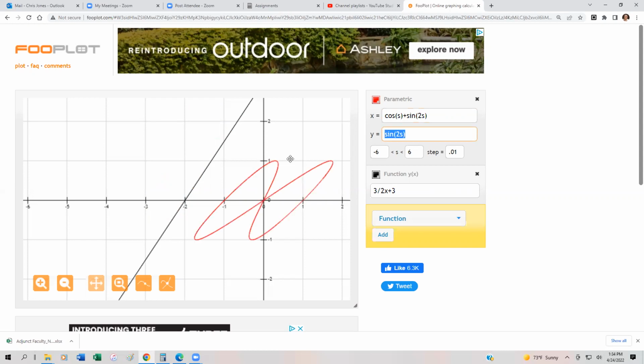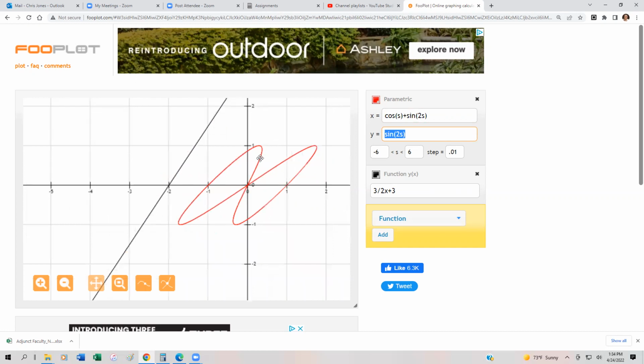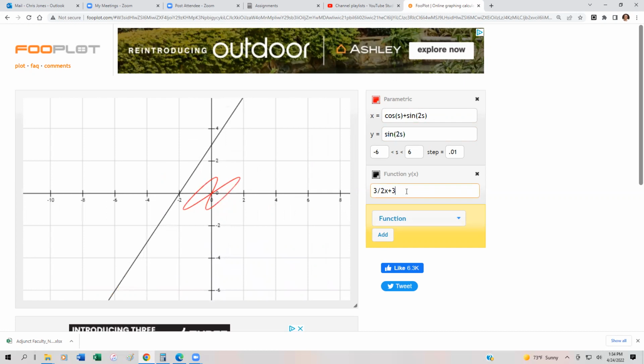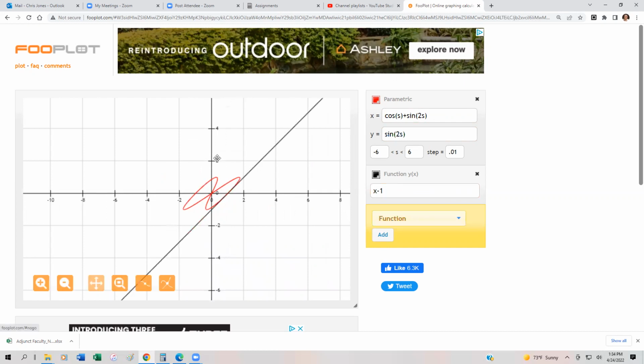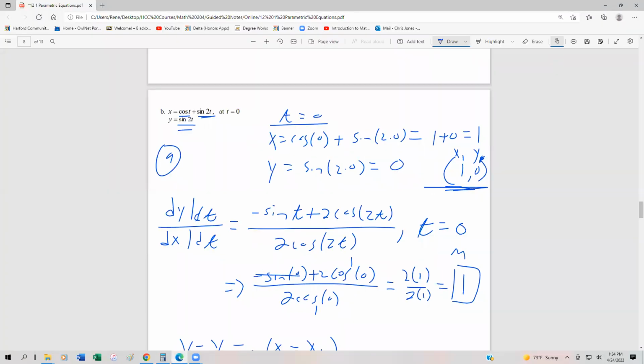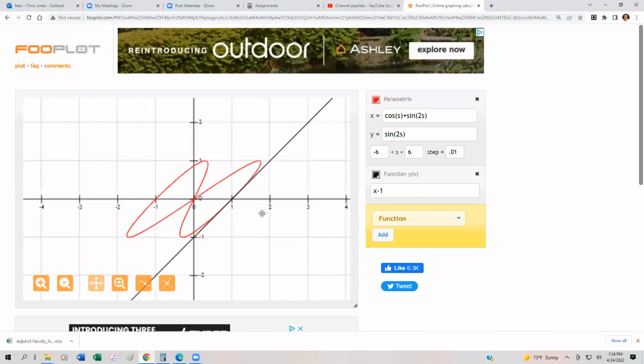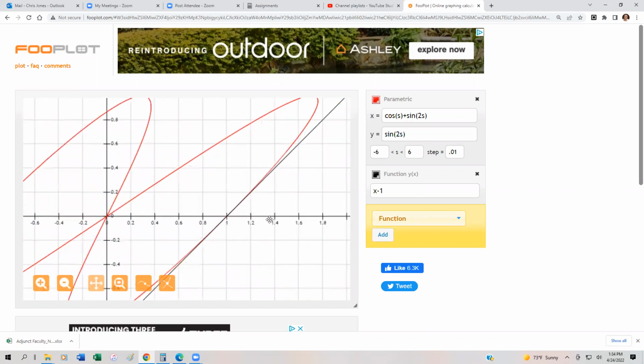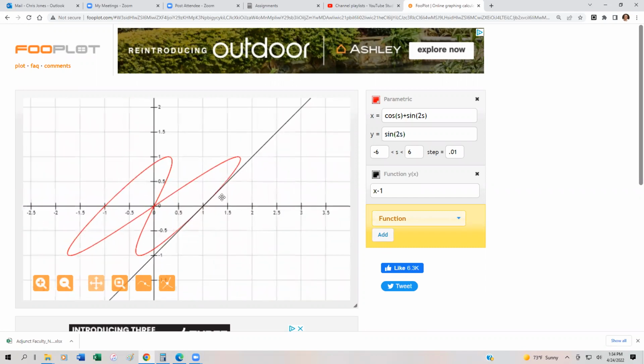So we get this silly looking thing here. It's like an hourglass that's been crunched up a little bit. Remember, we had x minus 1 for our function, and the point we were looking at was (1, 0). So if we go back to the graph, once again we have a really nice tangent line that can serve as a local linear approximation at the point t equals 0, or the point (1, 0).